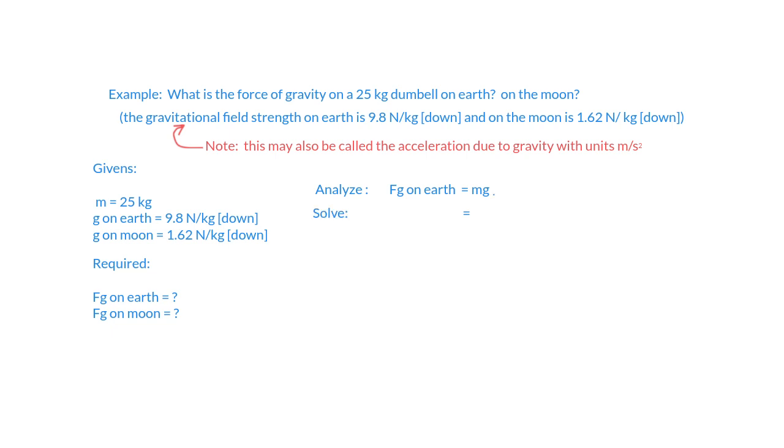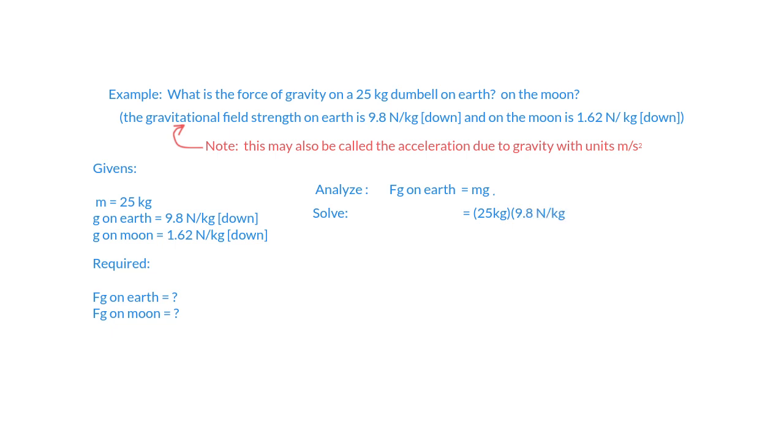So once I've got the formula down, I can sub in and solve. And I'm going to just put in my mass, which is 25 kilograms. And the gravitational field strength for Earth, which was 9.8 newtons per kilogram.